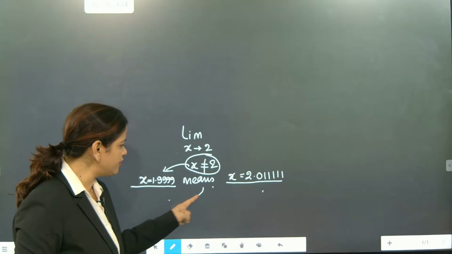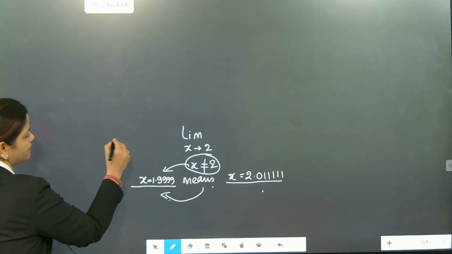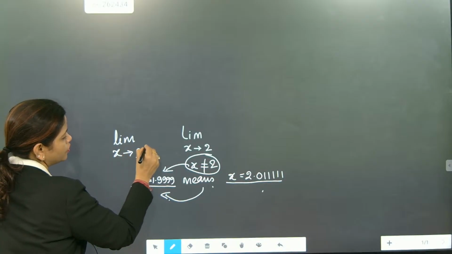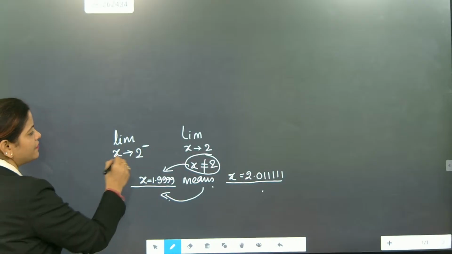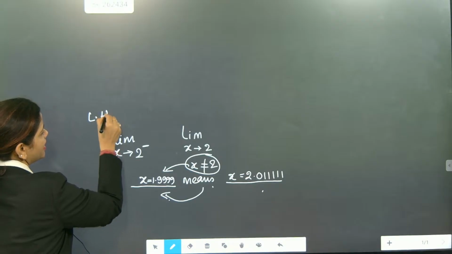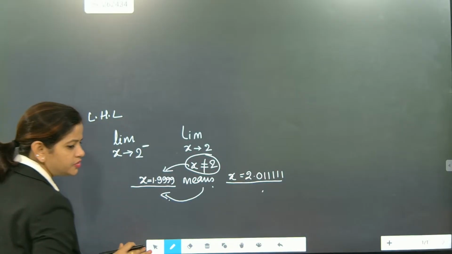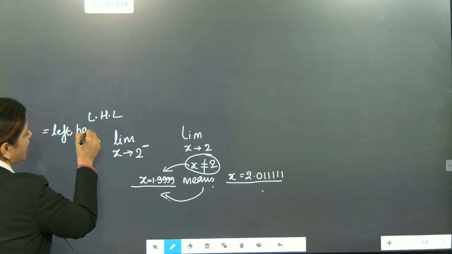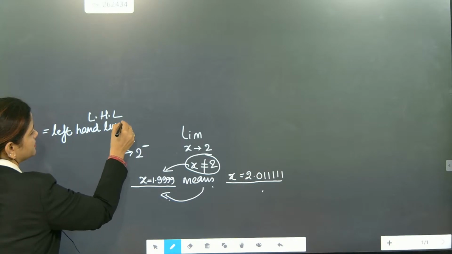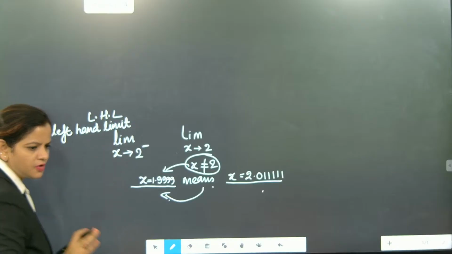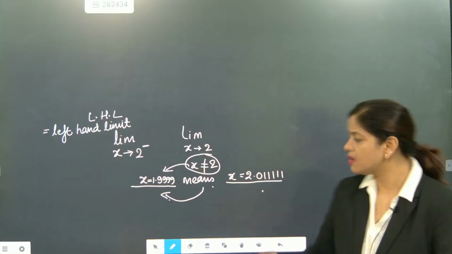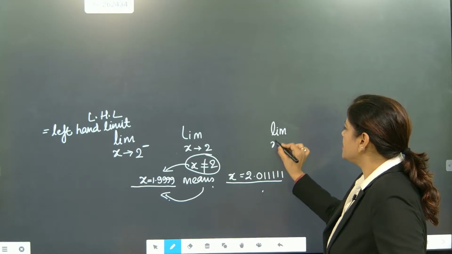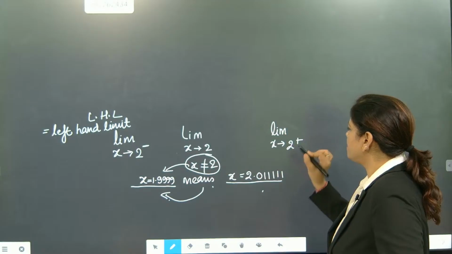When you shift to the left, it becomes limit x tends to 2 to the power minus, and this is called LHL. Understood? What is the meaning of LHL? Left hand limit. Got it? When you go to the right, you write limit x tends to 2 plus.